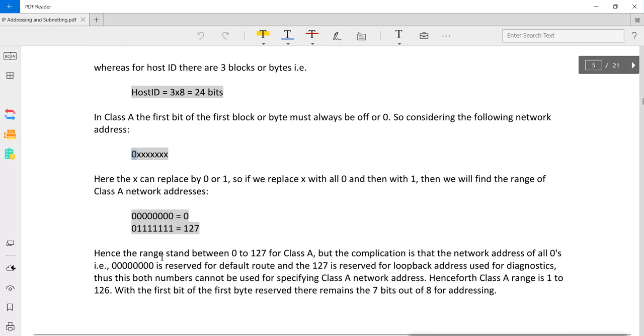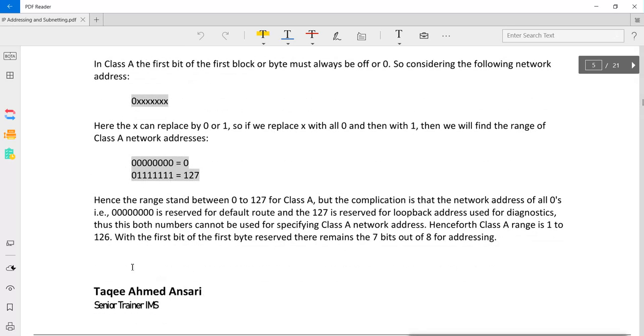The range stands between 0 to 127 for class A, but the complication is that the network address of all zeros, that is 0.0.0.0, is reserved for the default route and 127 is reserved for the loopback address used for diagnostics. Thus these two numbers cannot be used for specifying a class A network address. So henceforth the class A range is 1 to 127 as I said.